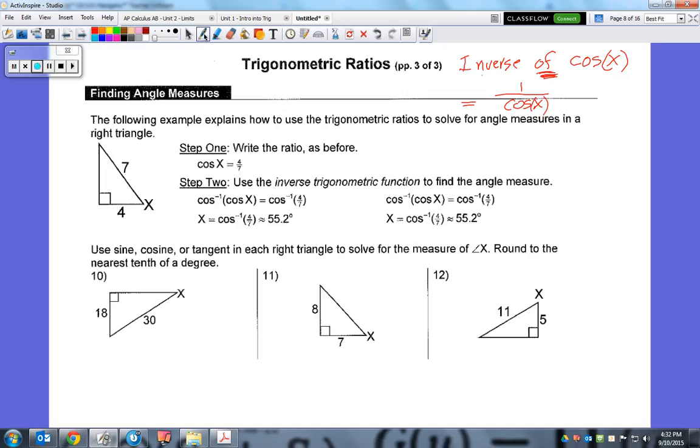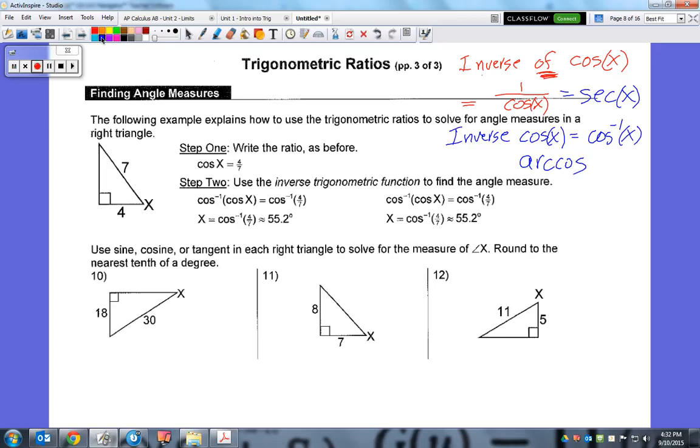This is equal to a function that we call the secant of x. If I said inverse cosine, this is equal to this notation right here, arc cosine.